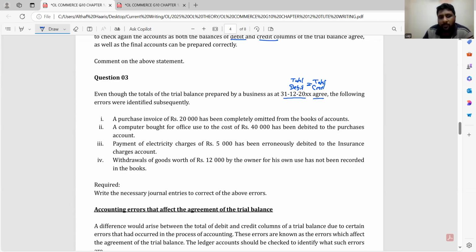The following errors were identified. They are asking us to write the journal entries to correct the above errors.